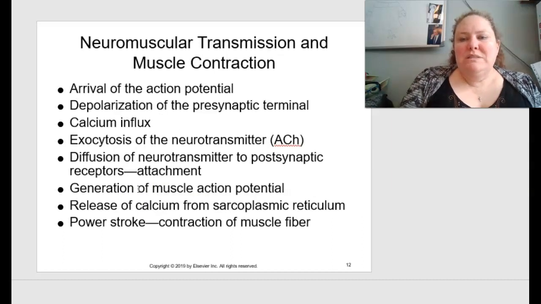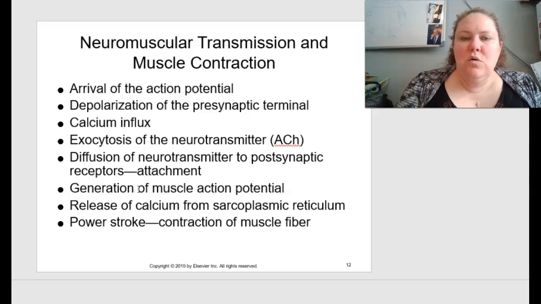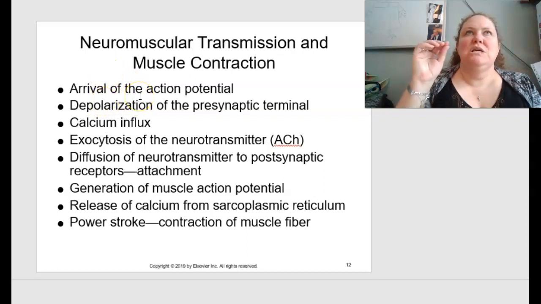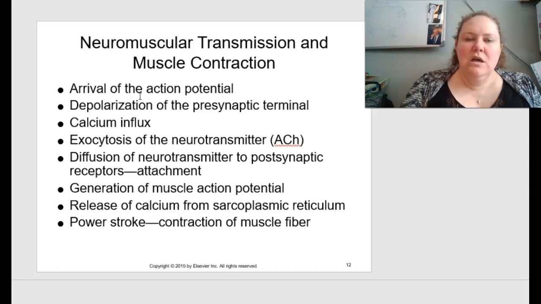So always look for those root words because that's really going to help you in science in general. So what about the neuromuscular transmission and muscle contraction? Well, this is what happens when you have the arrival of the action potential. The presynaptic terminal is going to be depolarized, right? Depolarization is an electrical differentiation.